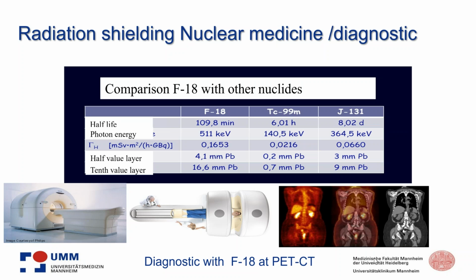I'm still talking about the relation between the shielding material and the given energy. I have talked about radio diagnostics, where the energy between 25 kV and 120 to 150 kV at maximum is a given energy.